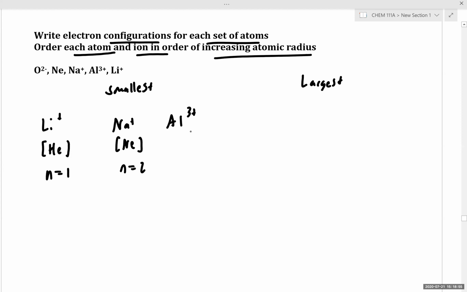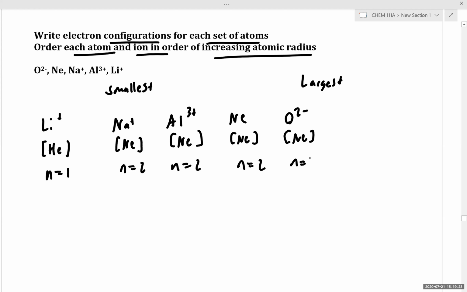Getting a little bit ahead of myself here. Let me pull up the periodic table. So aluminum also has the configuration of neon, n equals 2. Neon has a configuration of neon, and O2- has a configuration of neon.